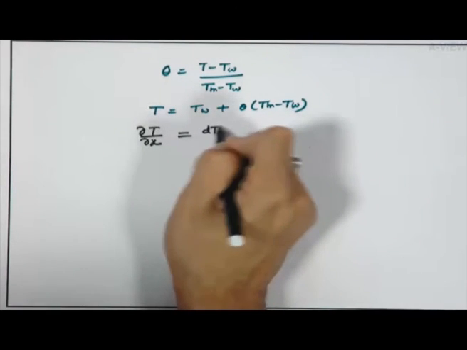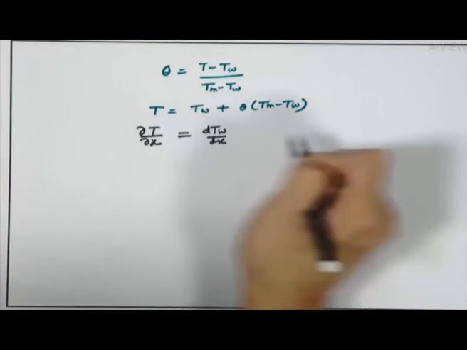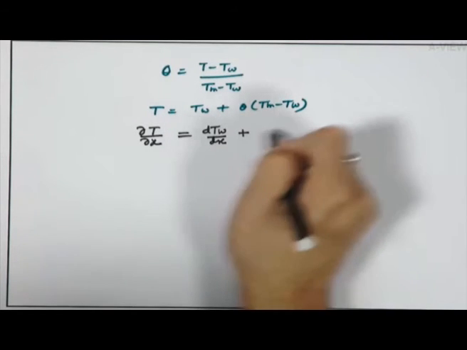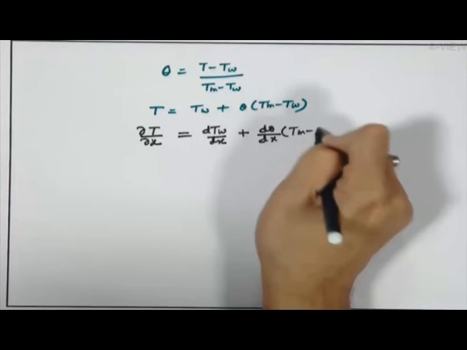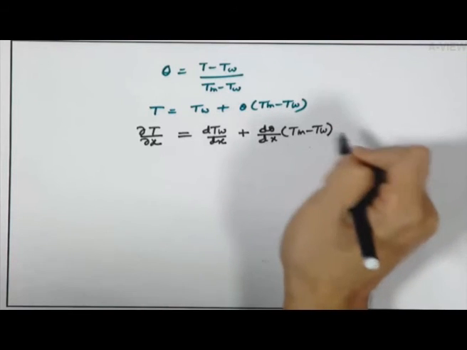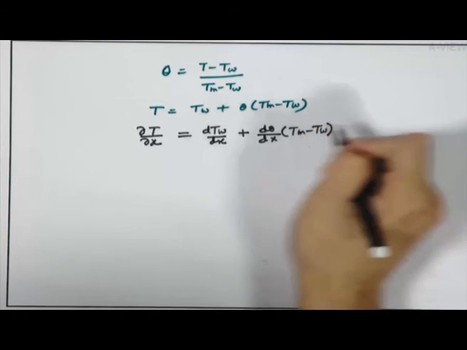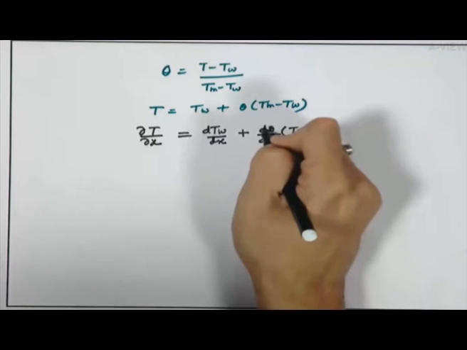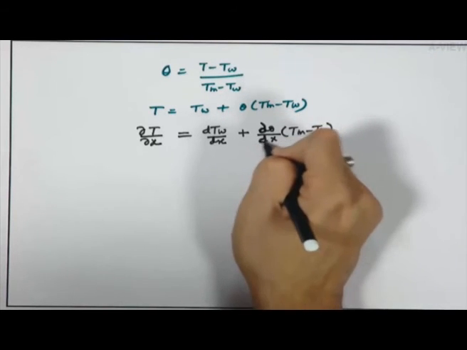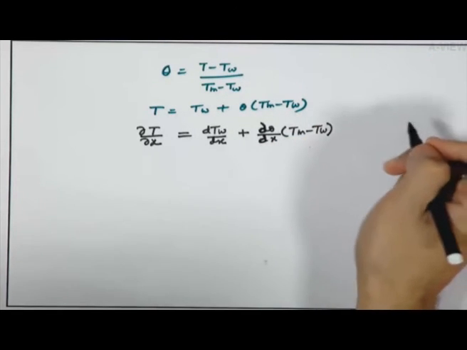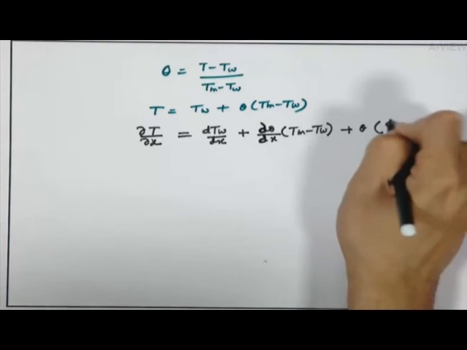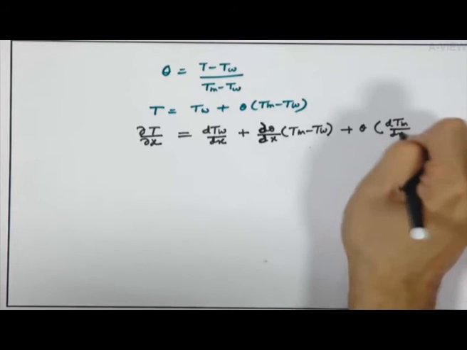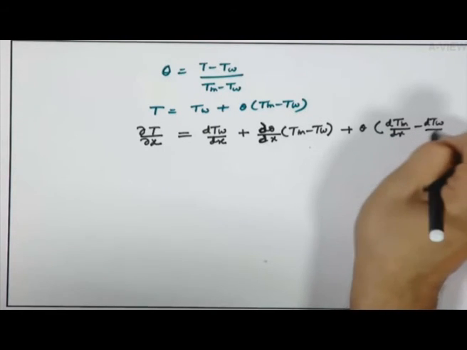This will be dT wall dx plus d theta dx, or del theta del x if you want to write in terms of partial derivative, into Tm minus T wall, plus theta into dTm dx minus dT wall dx.